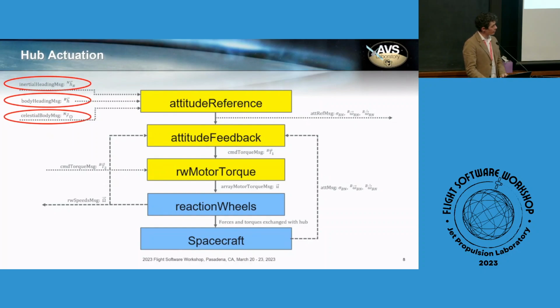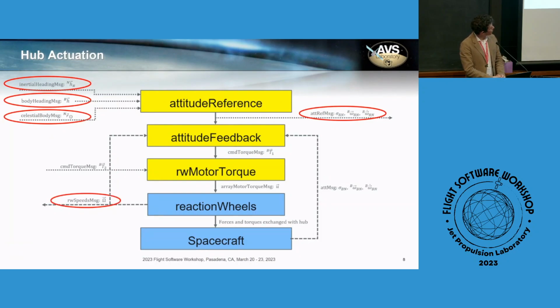So the attitude reference module receives all this information and it outputs an attitude reference message containing a reference attitude, a reference angular rate, and a reference angular acceleration. All this information goes to future modules, but it also goes into the attitude feedback module, which computes the torque that needs to be delivered to the hub in order to maneuver.